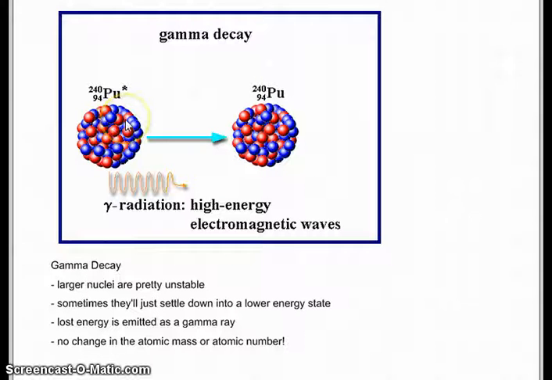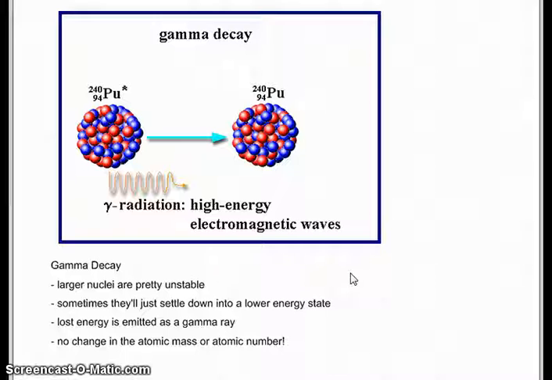Every now and again, large nuclei like this will just settle down into a lower energy state and not change their composition, but rather their arrangement, and in the process give off a gamma ray electromagnetic wave. No change in the mass or the atomic number. Those are the three types of decay.